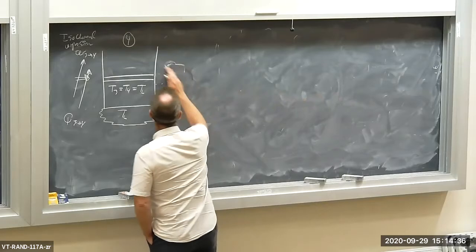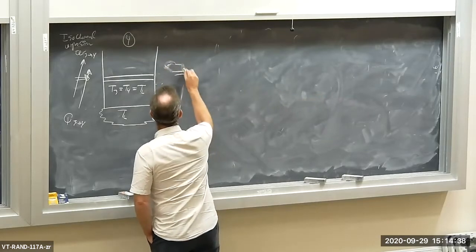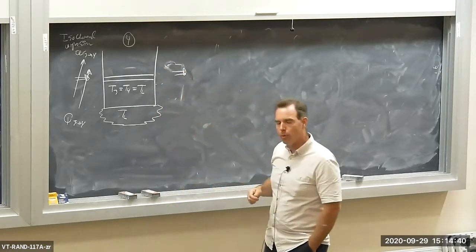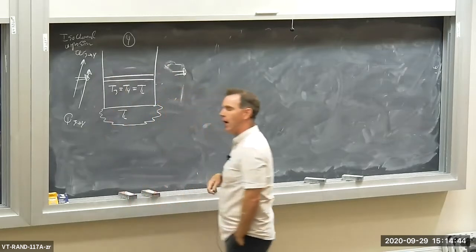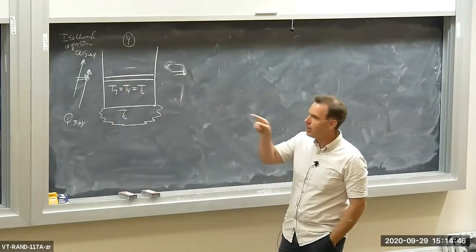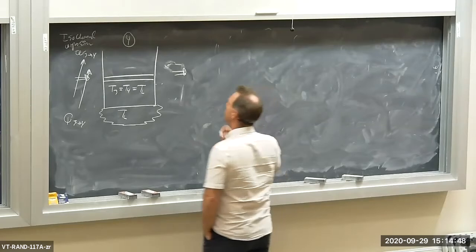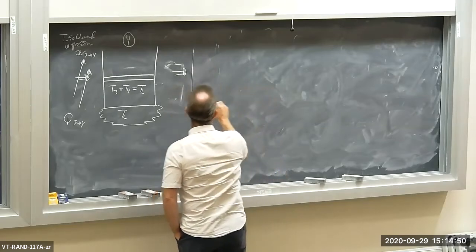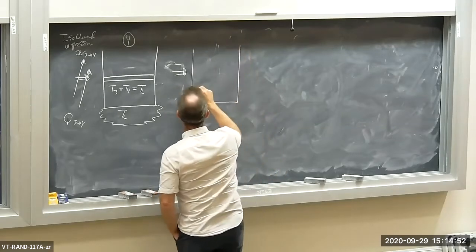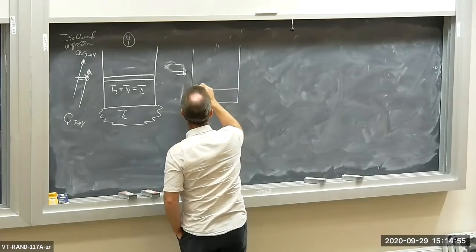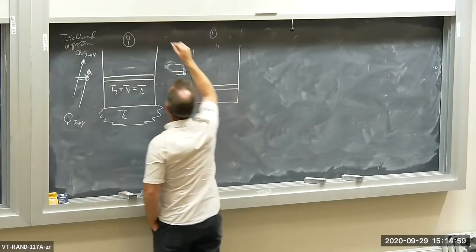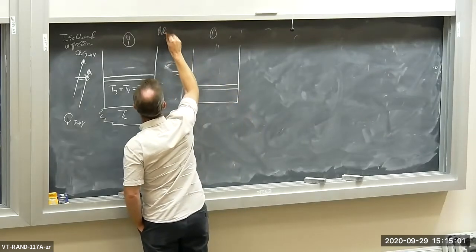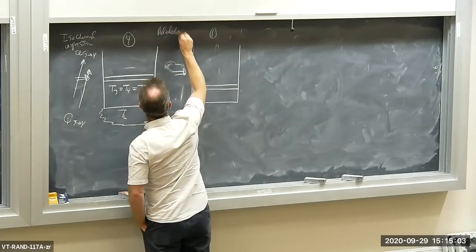And then, finally, I'm going to squeeze it down some more. I'm going to put some insulation around this thing. I'm going to squeeze it down until I get back to the high temperature. So I'm going to compress the system until I get back to the original state, state 1. So this is going to be adiabatic compression.